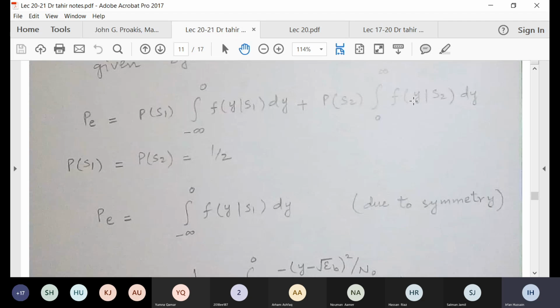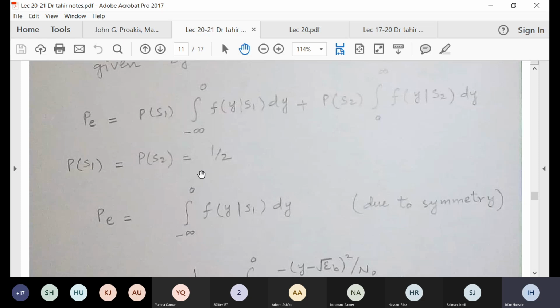And secondly, you can also see that P(y|S1) is similar to P(y|S2), because once y is with respect to S1, the whole PDF will be at S1 here, the whole PDF will be at S2, but their variance will be the same, so their integral will also be the same.